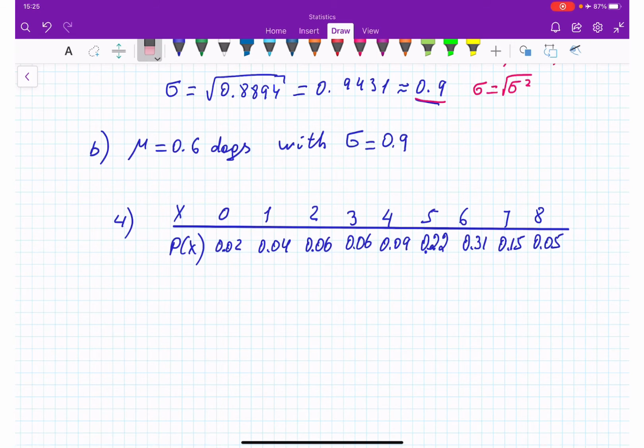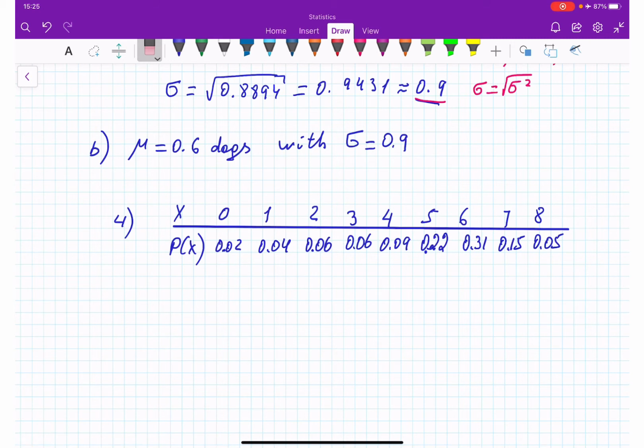Okay. Students in a class take a quiz with 8 questions. The number X of questions answered correctly can be approximated by the following probability distribution. Those are the probabilities of answering correctly, the chance to answer these questions correctly. First, no correct questions at all, which is 0, and then 1 correct question, and so on up to 8 questions.